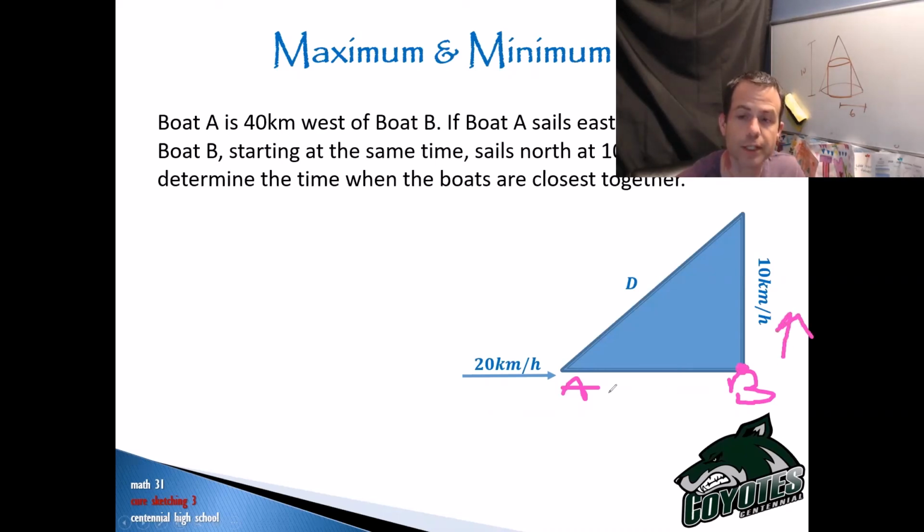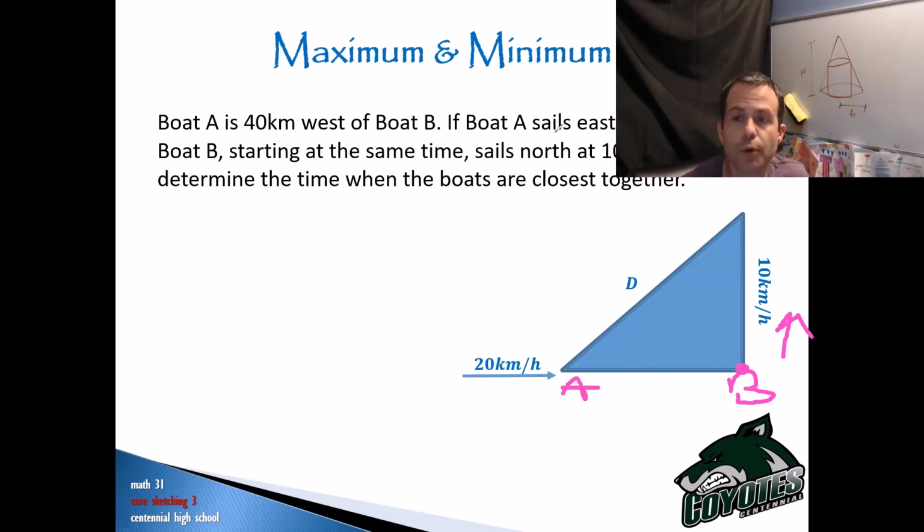Okay, so what we're going to do is we're going to call boat A's rate negative, and we can call boat B's rate positive. Now because boat A's rate is negative, how I can represent that is 40 minus however far it's traveled, because that means that distance will be getting smaller, closer to where that fixed point was.